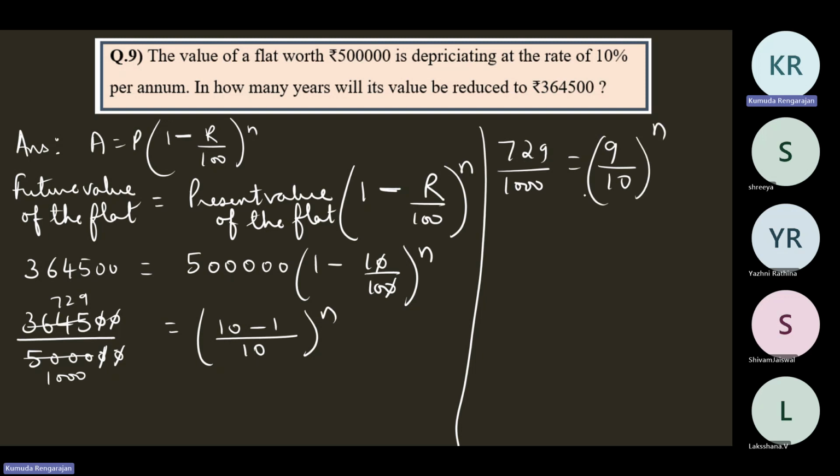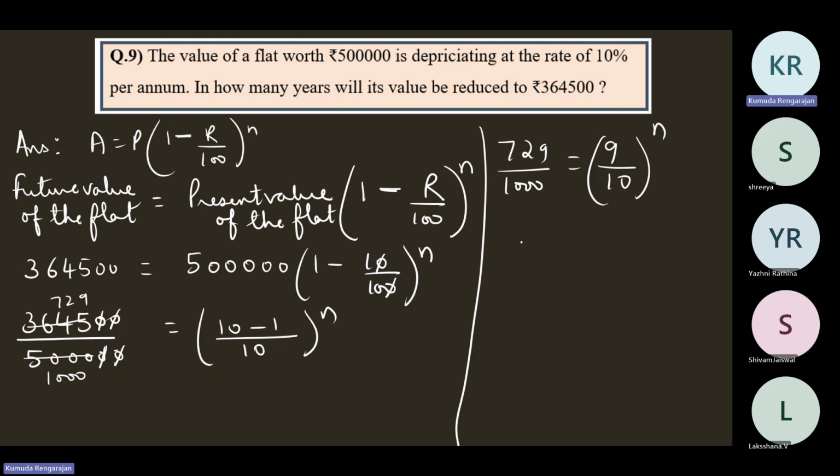Now, children, on the right-hand side, you can see the base is 9 by 10. So on the left-hand side also, you'll have to write the given expression in base 9 by 10. On the left-hand side, we have 729 by 1000.